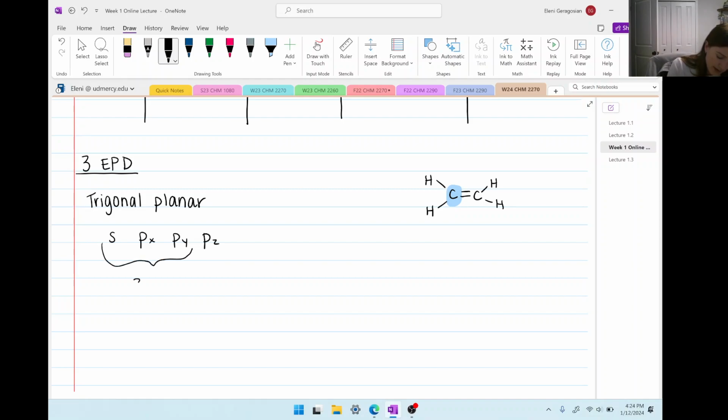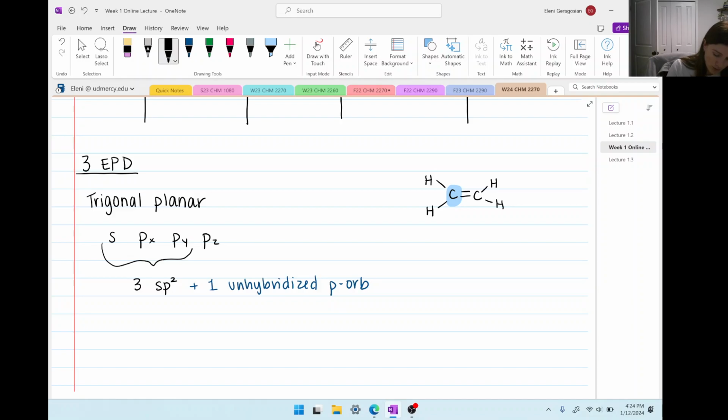So this atom has 3 sp2 orbitals. It has 3 sp2 plus 1 unhybridized. So one of the p orbitals is unhybridized, but 2 of the p orbitals and the s orbital is hybridized.